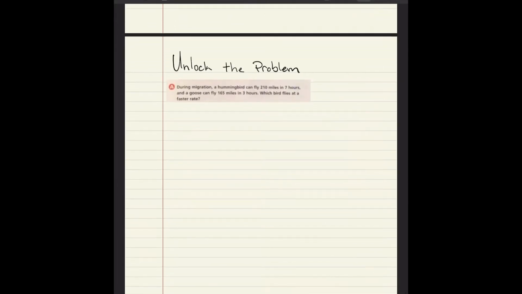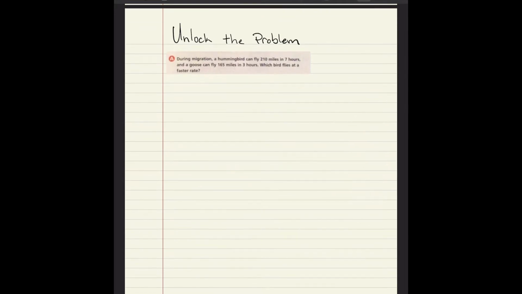Let's jump into unlock the problem. All right, so unlock the problem is a word problem. So it says, during the migration, a hummingbird can fly 210 miles in 7 hours, and a goose can fly 165 miles in 3 hours. Which bird flies at a faster rate? So in order to find which one of them flies faster, we have to write our ratios first.